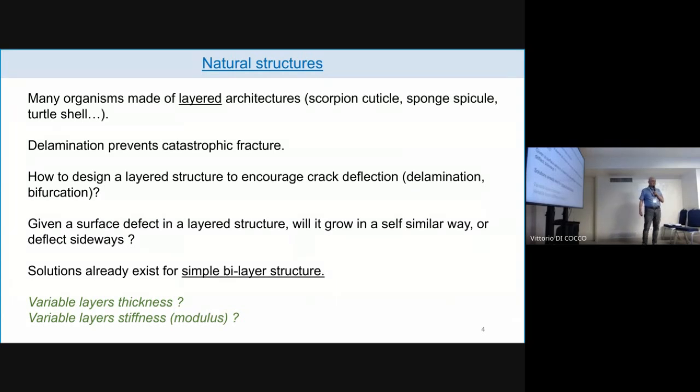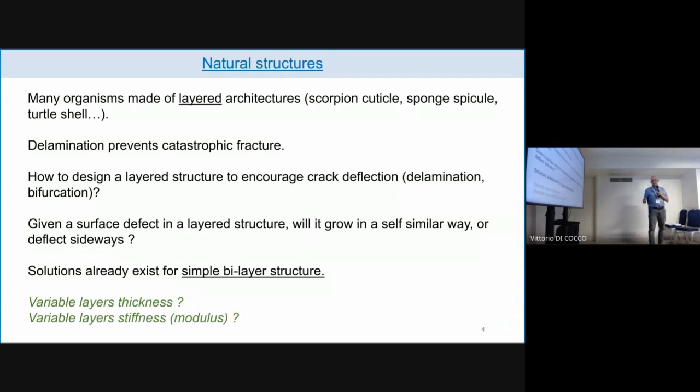If you have a surface defect in a layered structure, does it grow in a similar way, or does it deflect? Solutions to this problem exist only for a simple bilayer structure. Bilayer meaning two layers of the same material or two layers of different materials. Beyond that, there is very little in the literature.